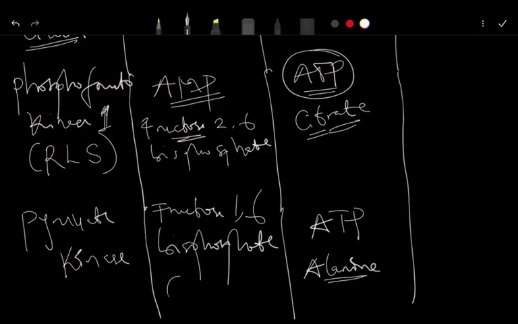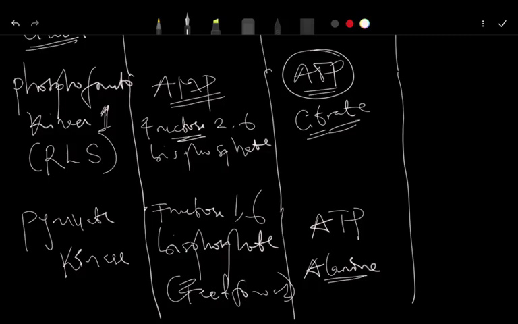So this one will act as a feed forward mechanism, meaning that it will go down the pathway to open the way more. So when you are forming fructose 1,6-bisphosphate, some of it will go to the pyruvate kinase enzyme and activate it before the glycolytic pathway gets to that point. So it's called a feed forward mechanism. Are you there with me?